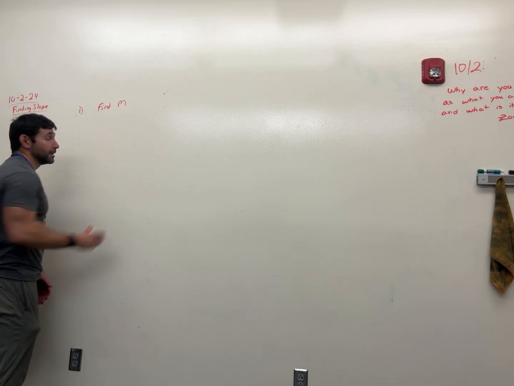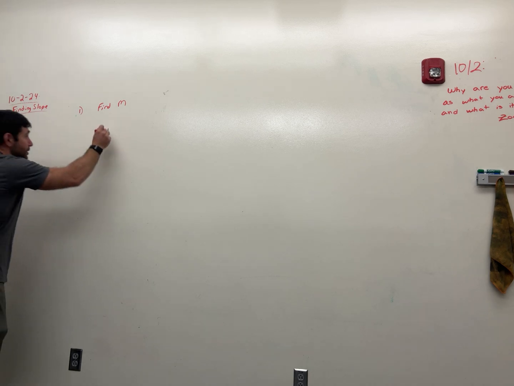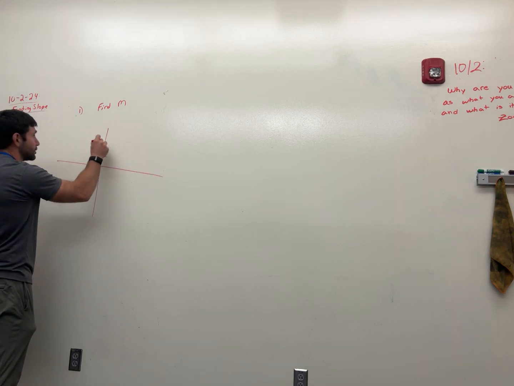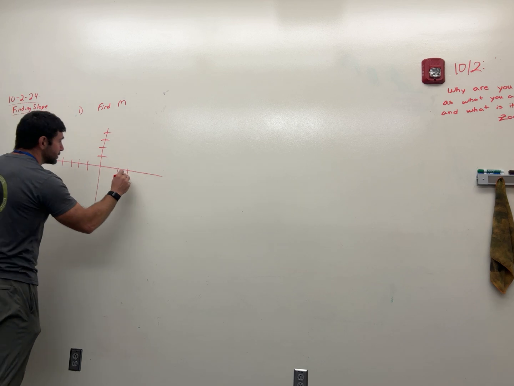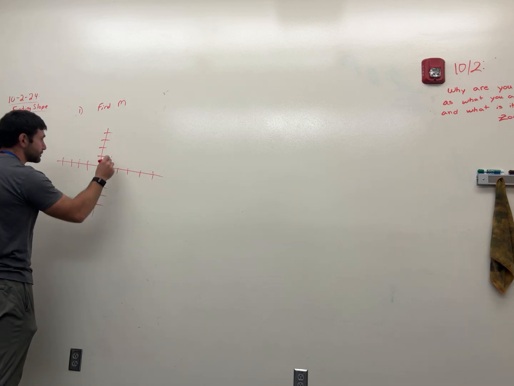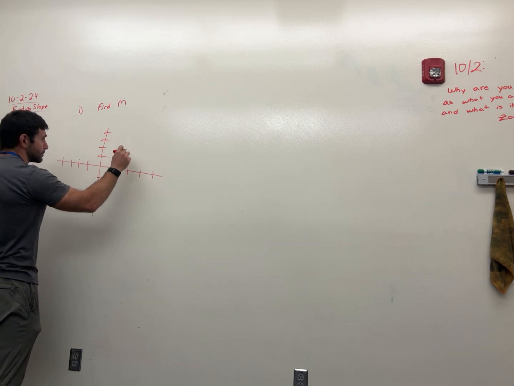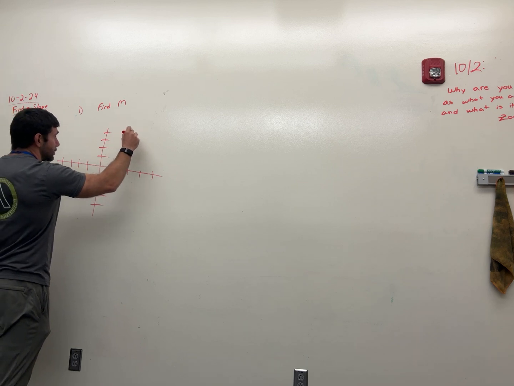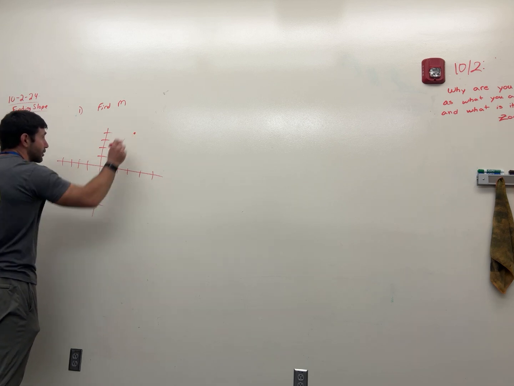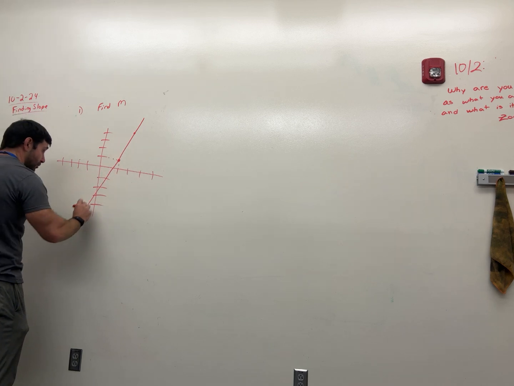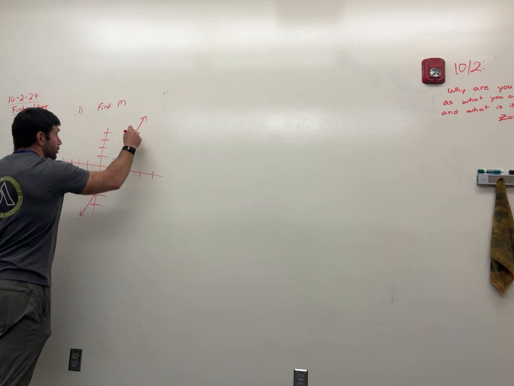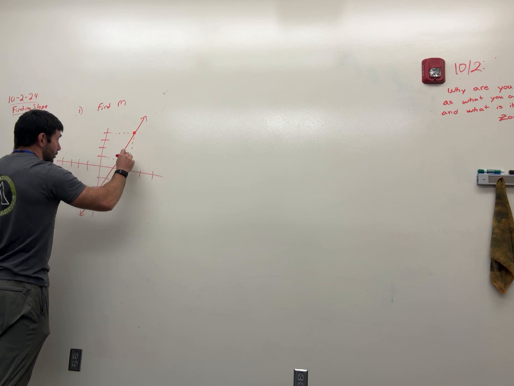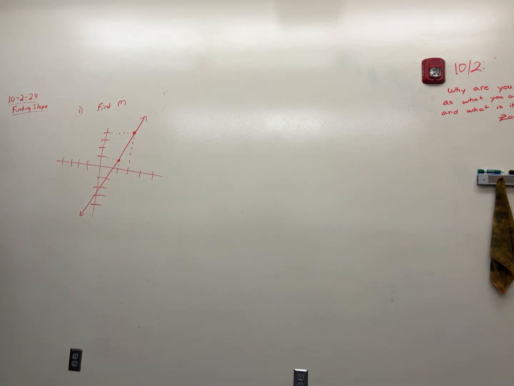So, find m. m stands for our slope. Here we go. Okay. Immediately, looking at this, I'm going to put my ball on the left side of this line.